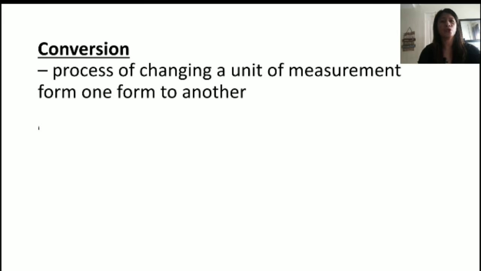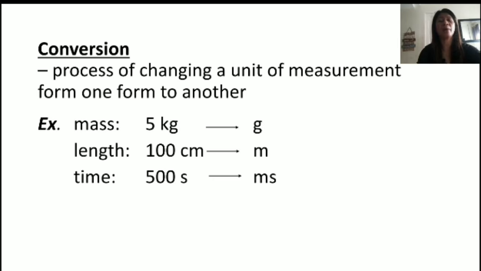Let's go to conversion. Conversion is the process of changing a unit of measurement from one form to another. For example, can you change 5 grams to gram? Yes. You cannot change 5 gram to a Newton, or 5 kilogram to meter.